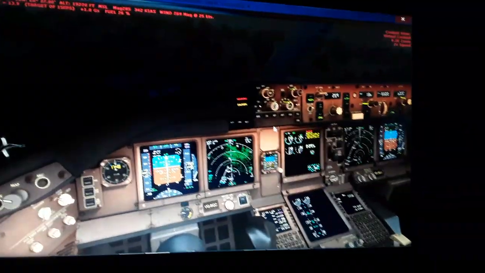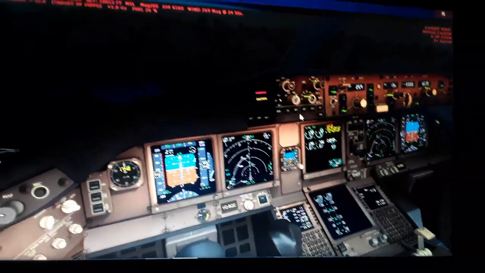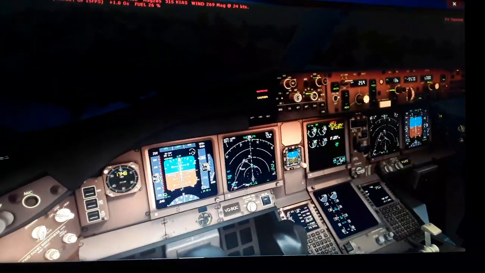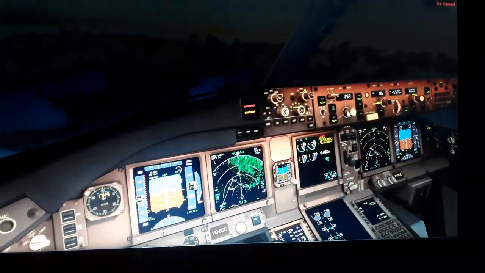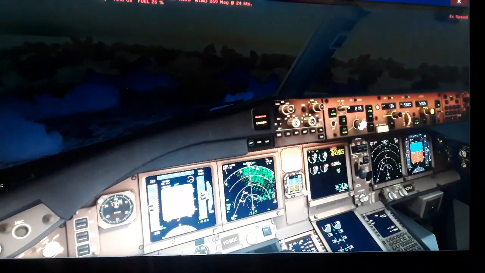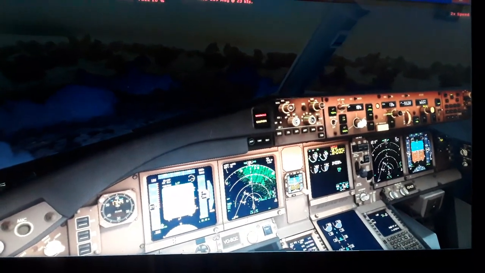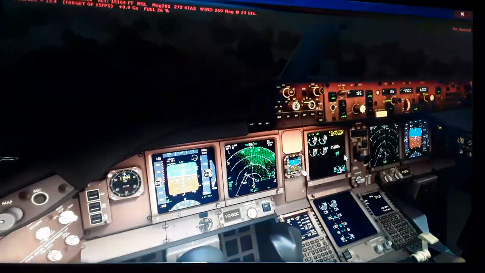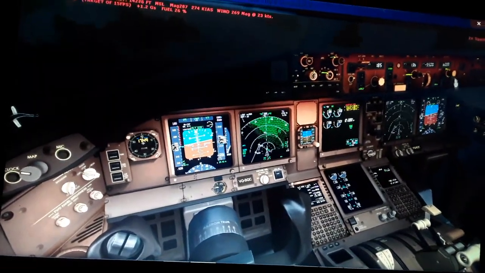19,000. So we also need to disconnect the autopilot. Use the VOR log also.